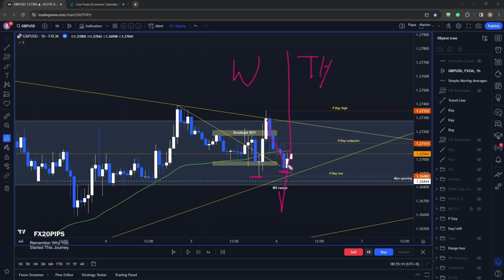And at this stage, we don't follow this breakout buy and sell again, because this is only limited for Wednesday. All right, so if you didn't take this trade here, it's okay. You are not ready for it, you are new, you are still not sure what to look out for, that is fine.